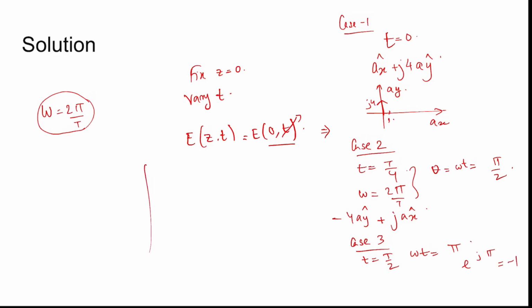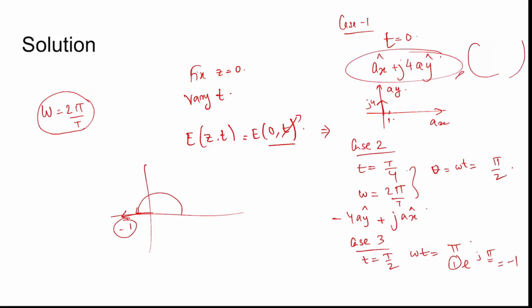So it's in the complex plane. This angle π is minus 1 in the complex plane. So they are nothing but multiplying this vector with this e to the power jθ term, because at the start θ was 0. So if this is π, it is minus 1, so ax hat minus j4ay hat.